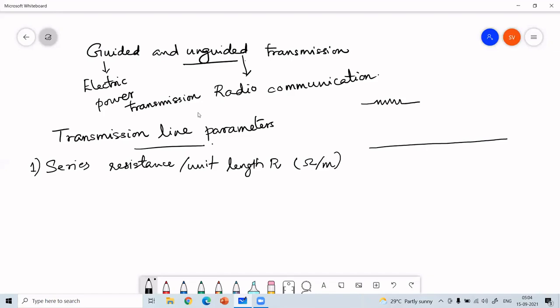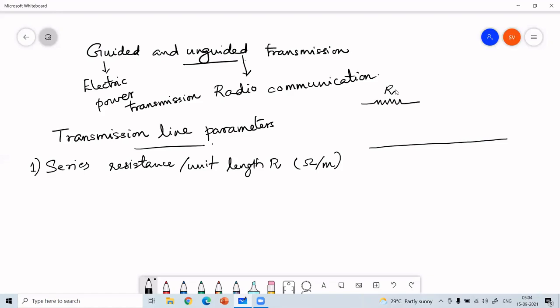So here I am drawing a resistance, capital R. That series resistance is due to the finite conductivity of the transmission line. That is the first transmission line parameter, series resistance per unit length.